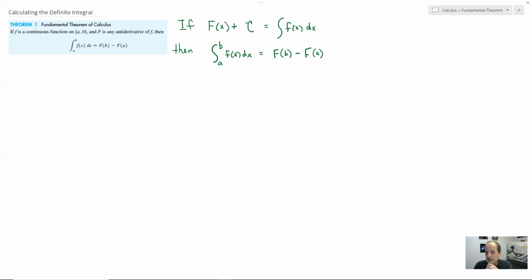And notice the constant, so this is me adding the constants, just them saying it is any antiderivative.